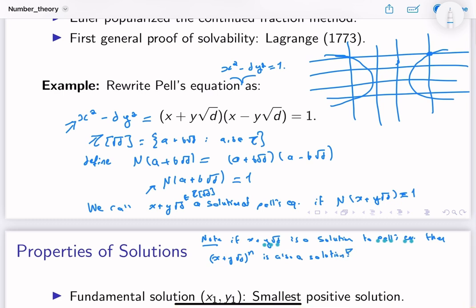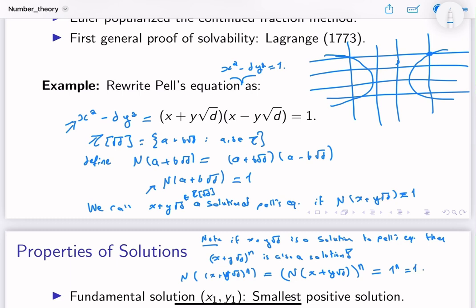And why is that? Well, if you take the norm of that element, x plus y square root of d to the n, by the multiplicativity of the norm, this is the norm to the n, and this is just 1 to the n, which is 1.